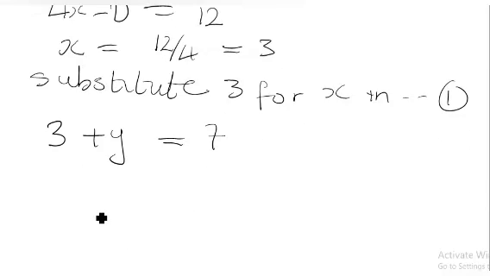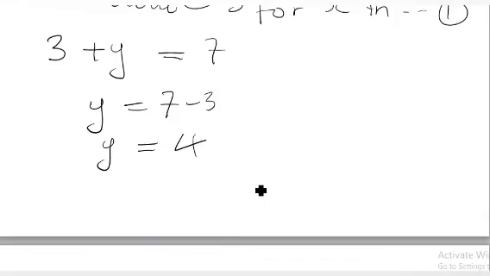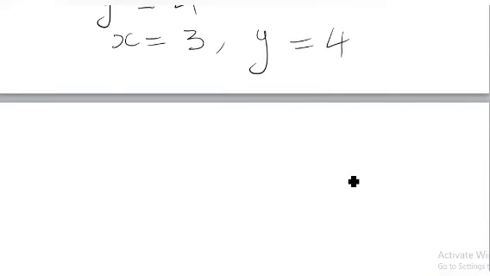From here I'll have y equal 7 minus 3. So y equal to 4. So finally we'll have that x equal to 3 and y equal to 4. We have solved that using the elimination method. You can also check that using the substitution method.